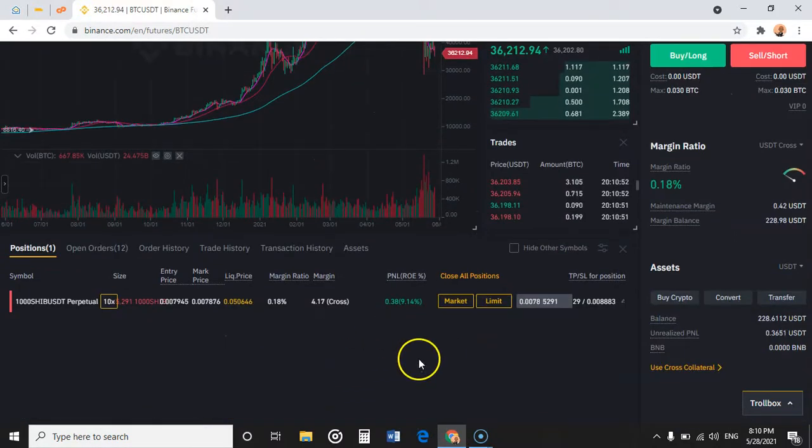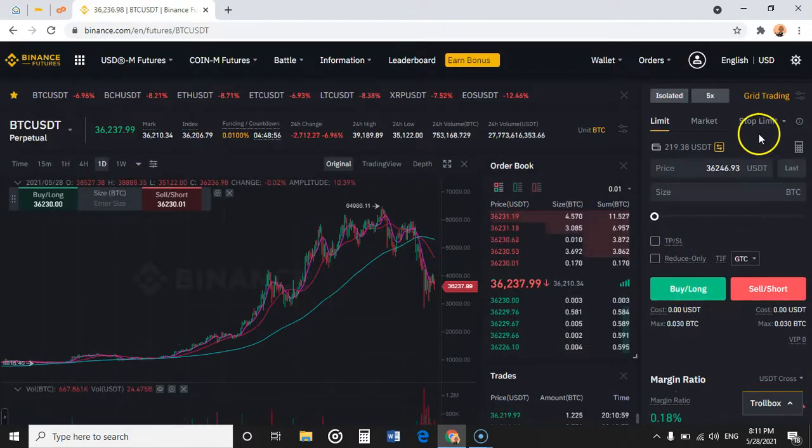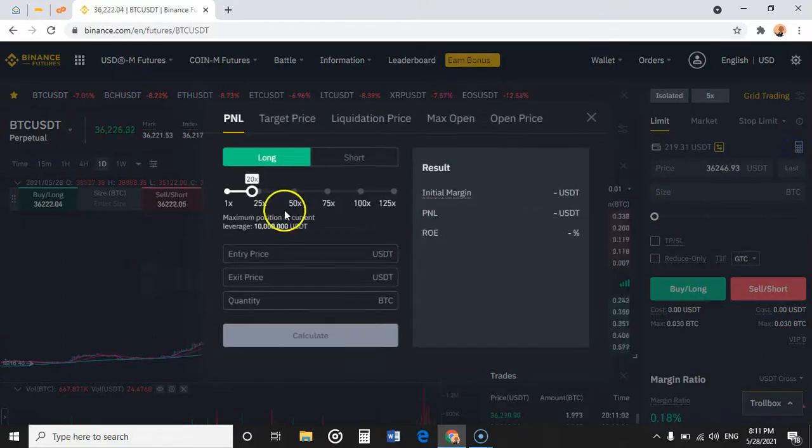Now, you don't have to open all of these things before you know your liquidation price points any longer by using this calculator. So when you come here, let me give you an example. Let's assume that I want to long Bitcoin. All I have to do is to come here with this 20x leverage.